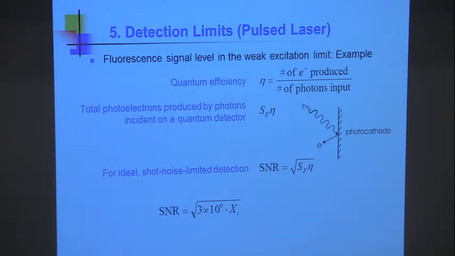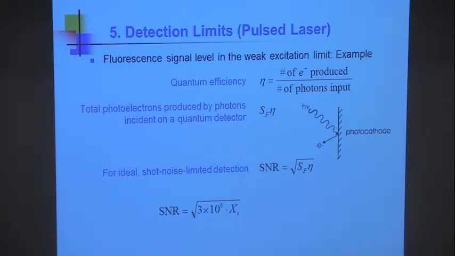For an ideal shot noise detection, where the signal-noise ratio of a photodetector is written as the square root of the number of photons, I basically lose a factor of 10 inside the radical. But it's still awfully good.